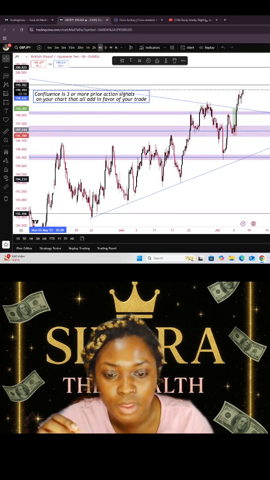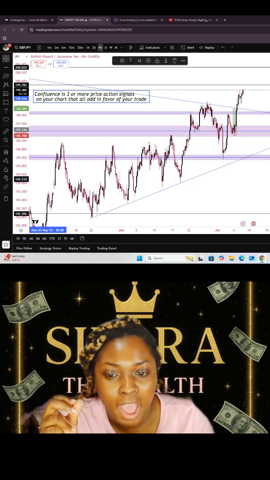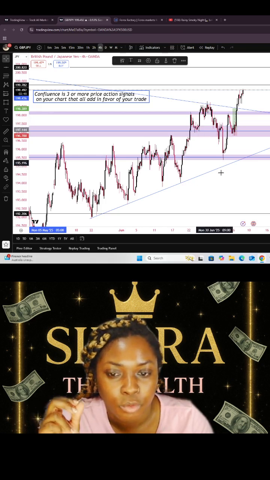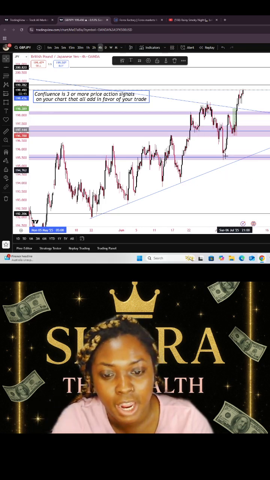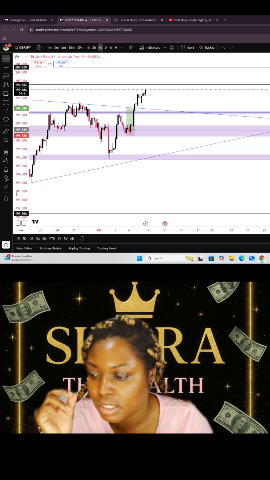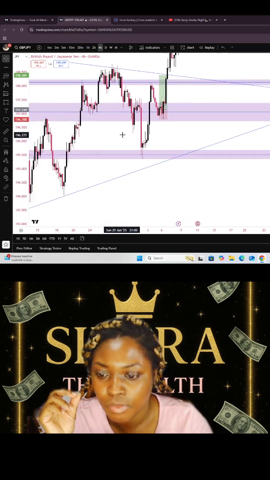And then you have price coming to your zone and then rejecting the zone. Rejection in a candlestick is another confluence. If we look at this candlestick here, this is a pin bar.